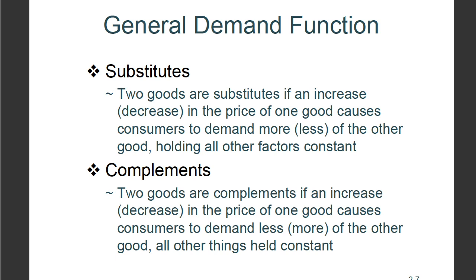And then there's this terminology that we have to clarify between other related goods. Goods are substitutes if an increase in the price of one good causes consumers to demand more of the other. So there's a trade-off where a substitute good's price affects the consumption of your product.